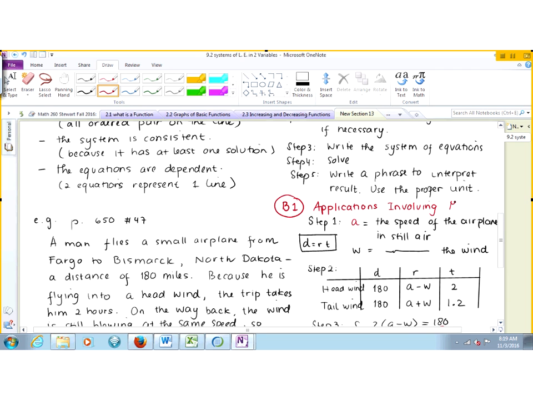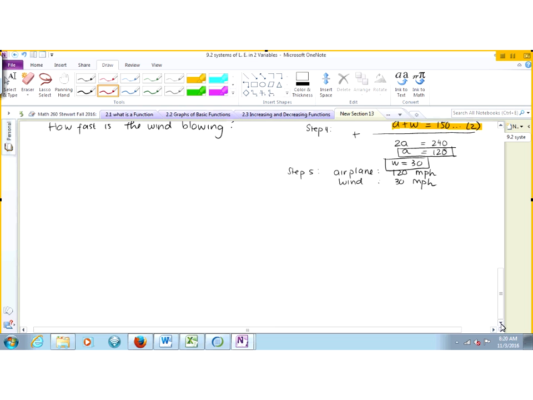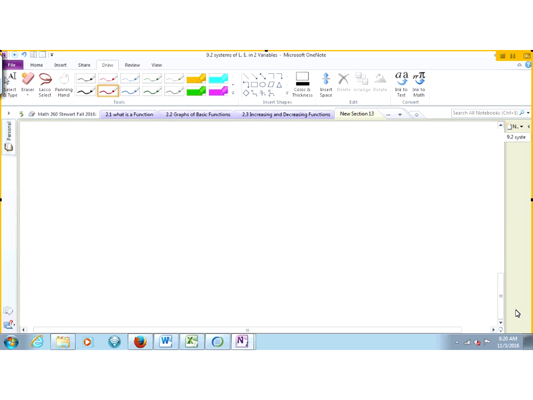And then the other one is mixture. All right. So the next example, oh, I'm supposed to write it before that. B2, applications involving mixture, and then we will move on to the next section.